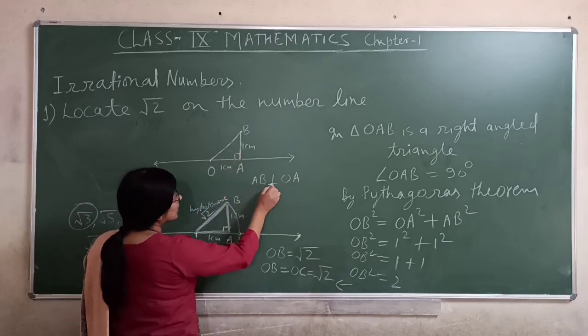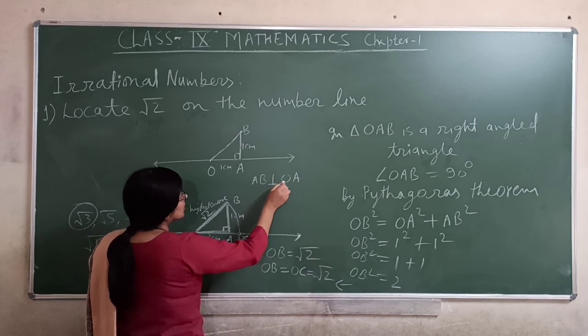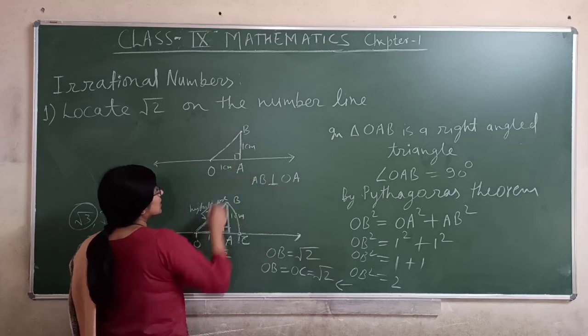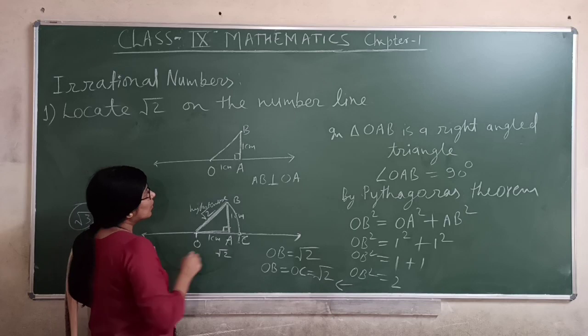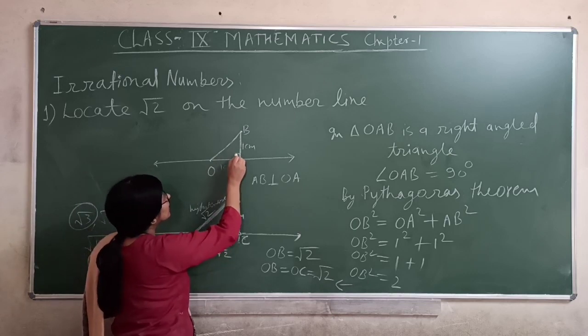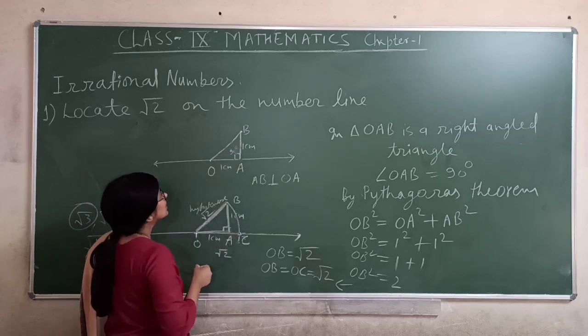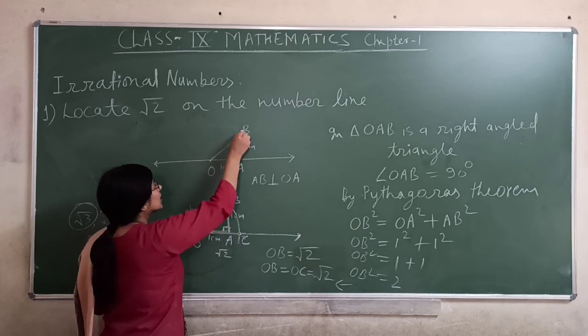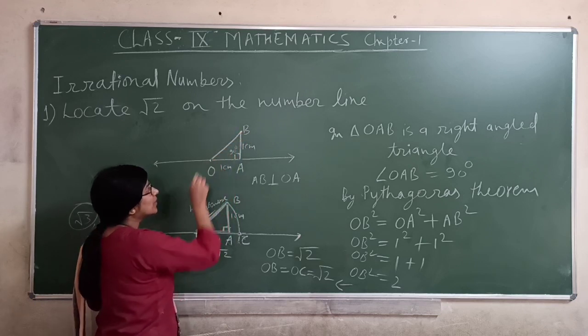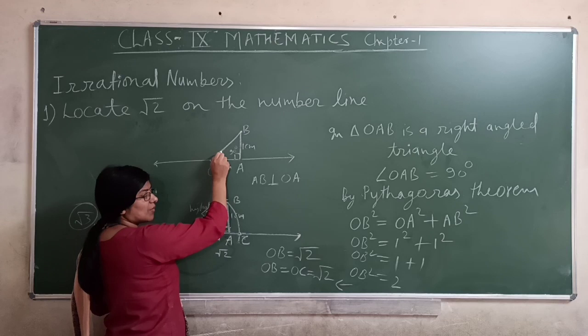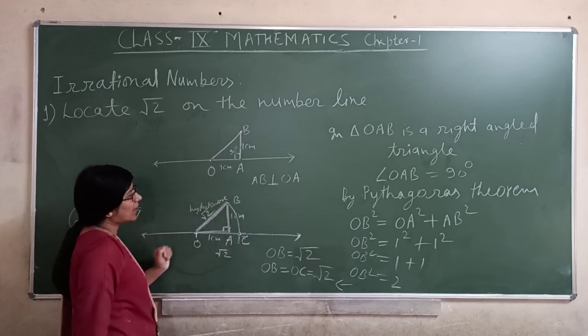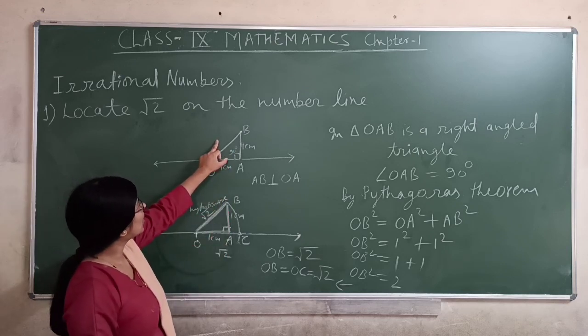Okay, OA is perpendicular to AB, or you can say AB is perpendicular to OA. So here will be an angle of 90 degree. Now what you will do? You will join OB. Now we need the value of OB. So we will apply Pythagoras theorem.